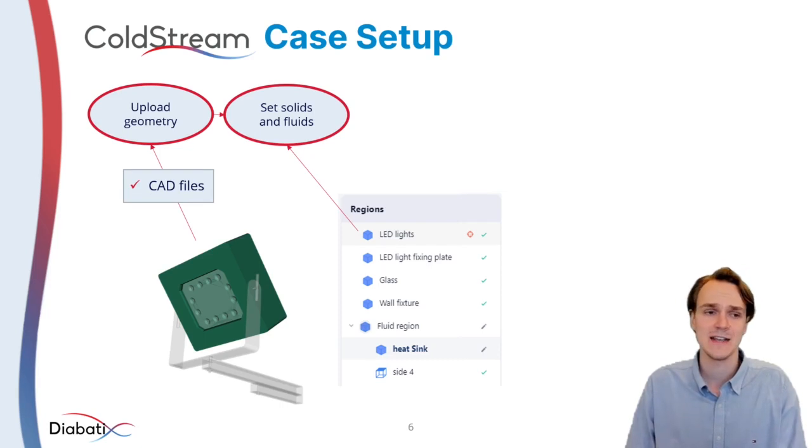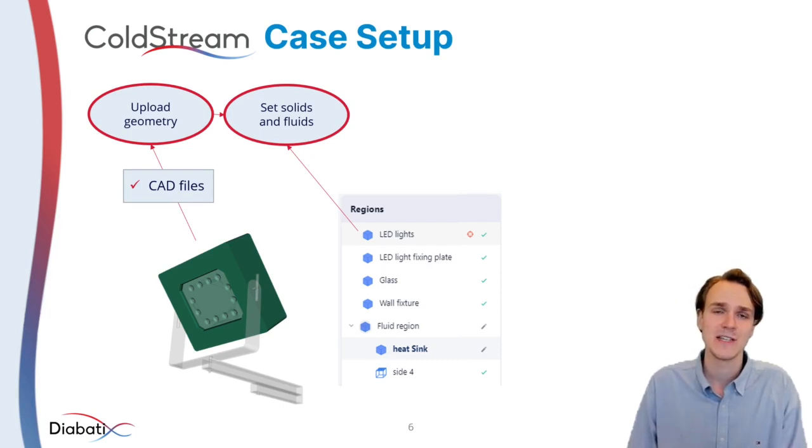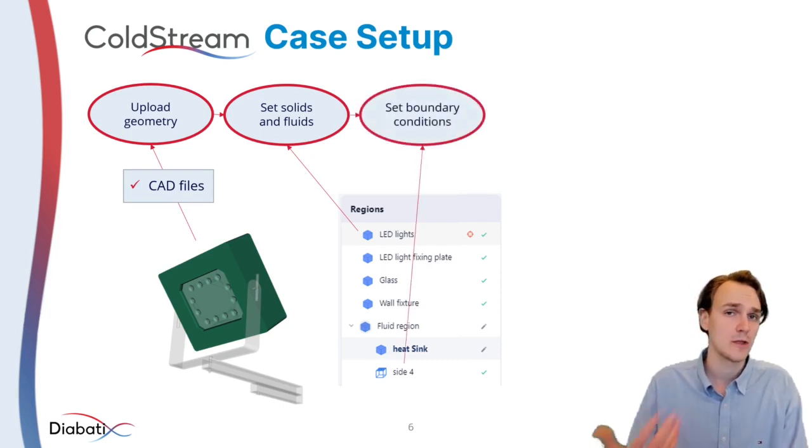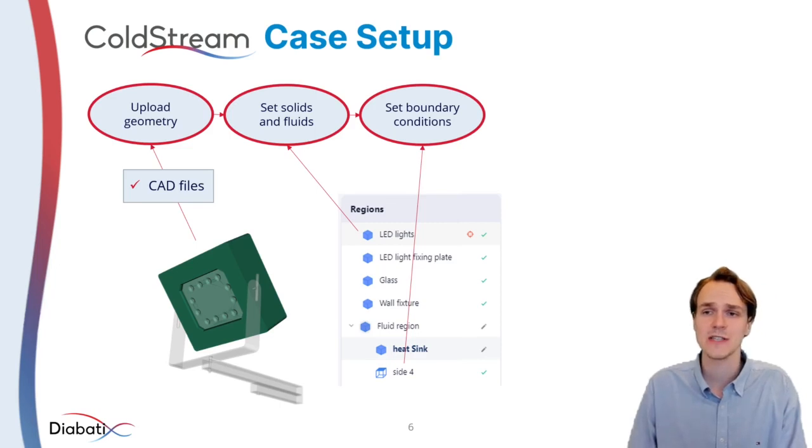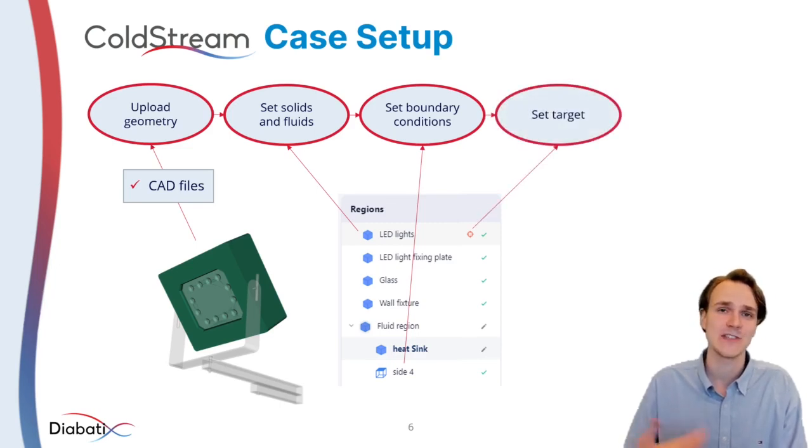Just setting a solid and a fluid material selection, setting the thermal and flow boundary conditions, and then of course we need to set certain targets and define where is my design space where ColdStream can optimize the structure. In our targets we can, for example, say we would like to maximize heat transfer. Maybe temperature uniformity is really important.